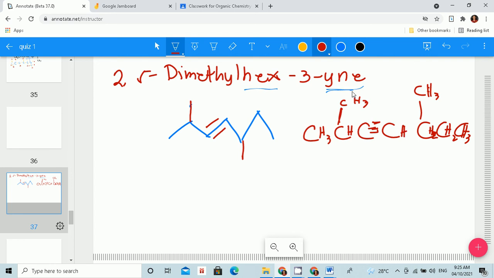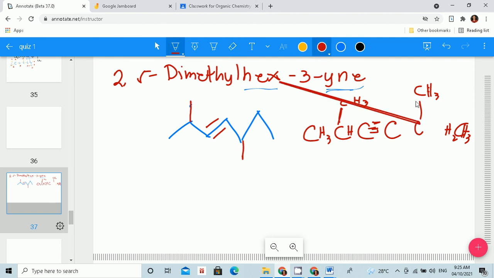Okay, so no H na ni siya, class. This one has no H. So we have double bond. Then 1, 2, 3. Only H here.